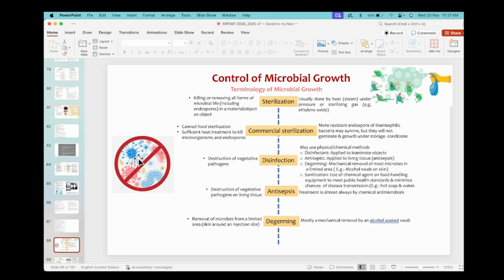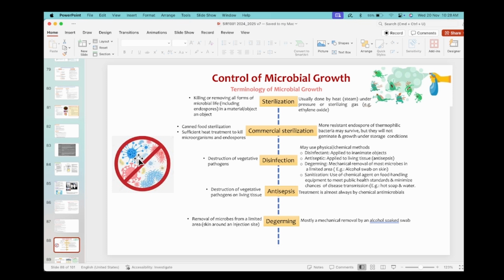Why don't they use complete sterilization even in food production? First, cost. It is more expensive to carry out complete sterilization, which means you have to add pressure and more heat. And second, taste. The taste and texture of the food will change.